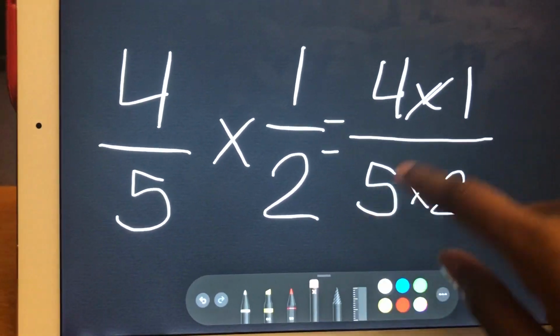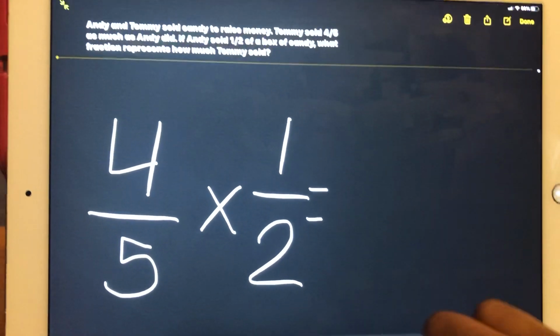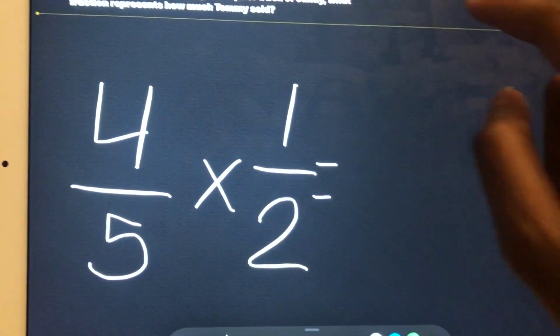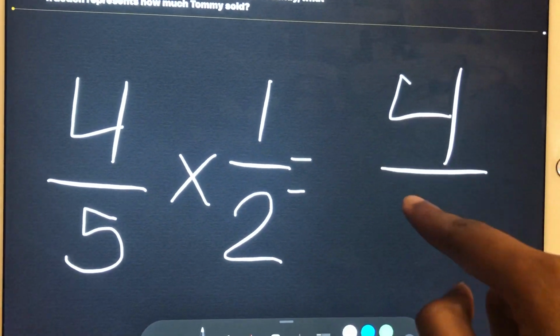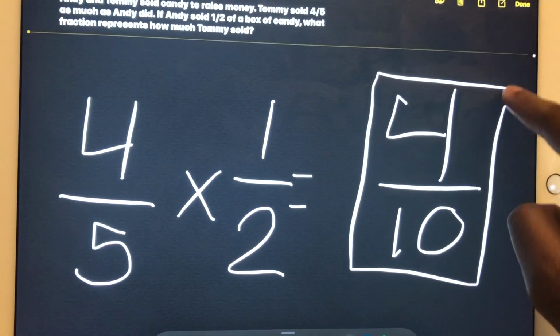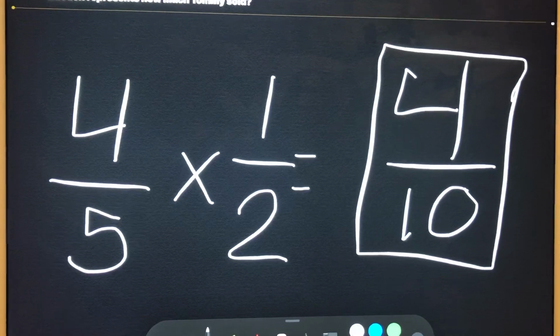So we can just bypass this whole step here, and we can just go ahead and multiply. So we have 4 times 1, that will give you 4, and 5 times 2, and that will give you 10. So we know that our answer is 4/10. So Tommy sold 4/10 of the box of candy.